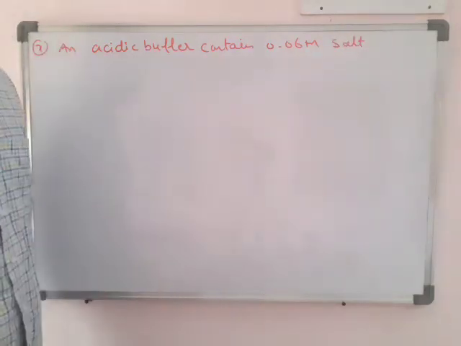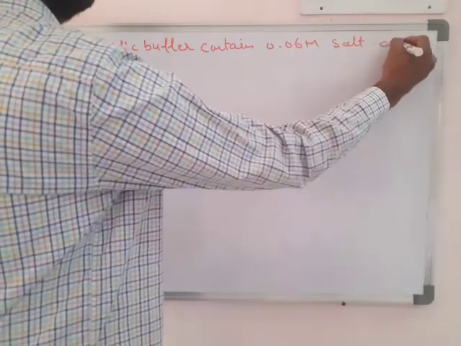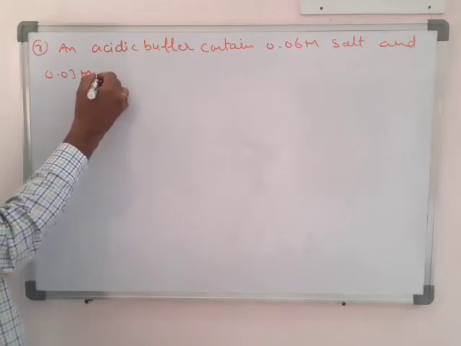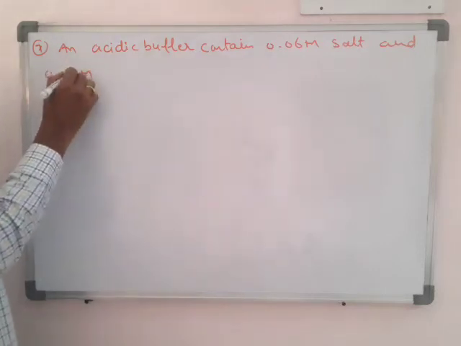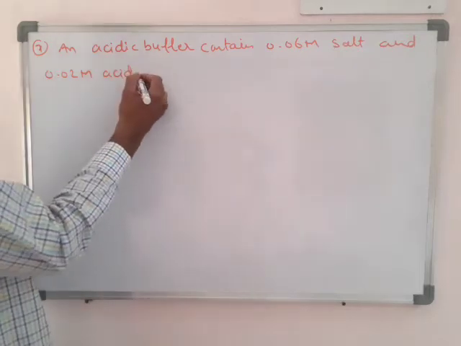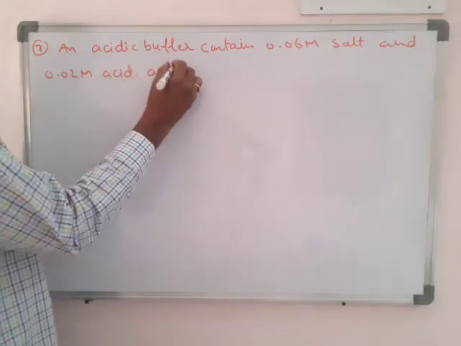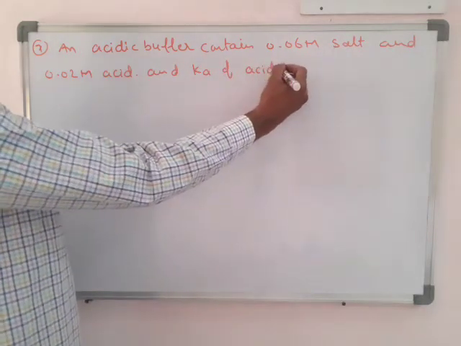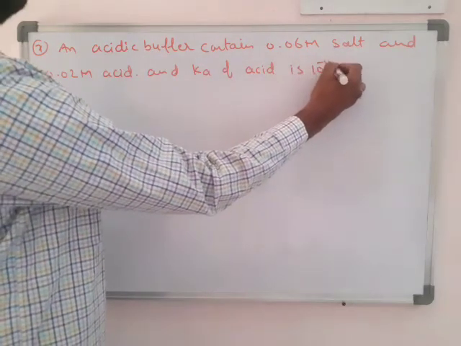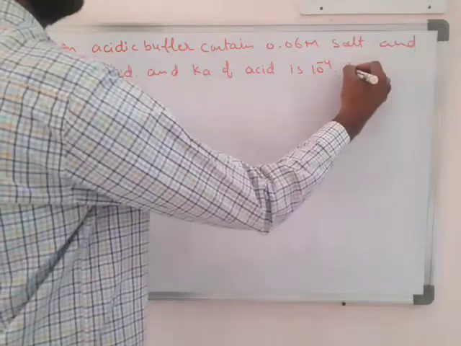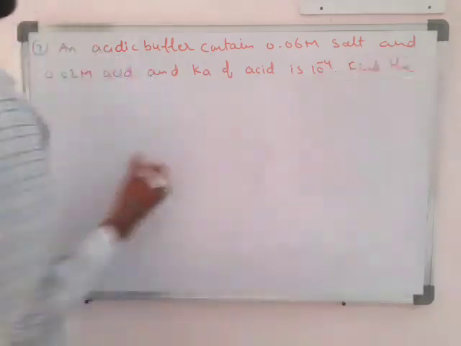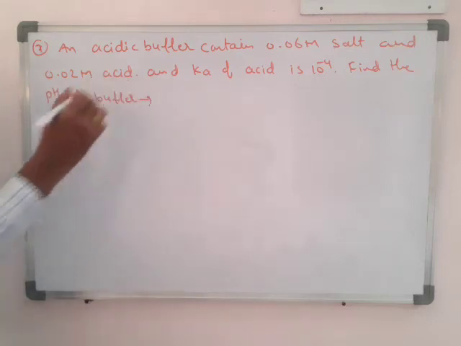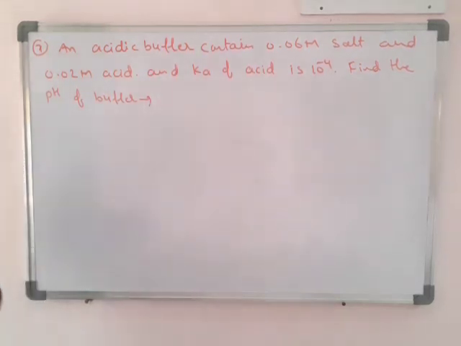It is not mentioned, but it is given as a salt, and 0.02 M weak acid, and the acid dissociation constant of the acid is 10 power minus 4. So find the pH of that buffer solution.